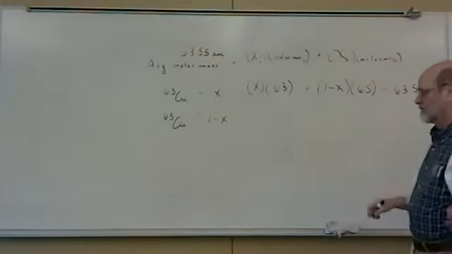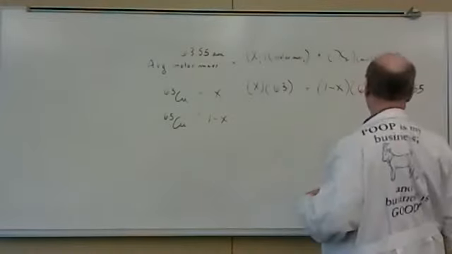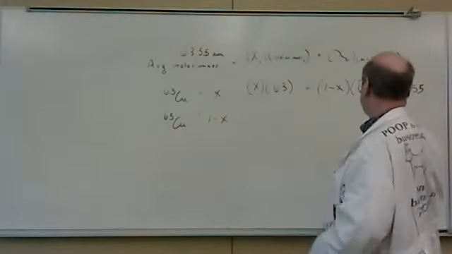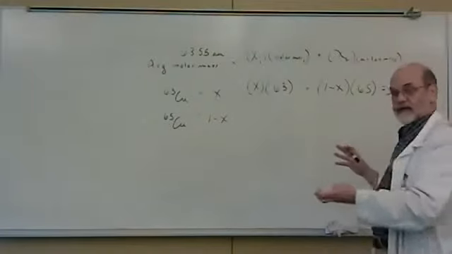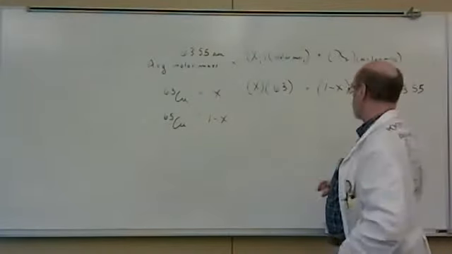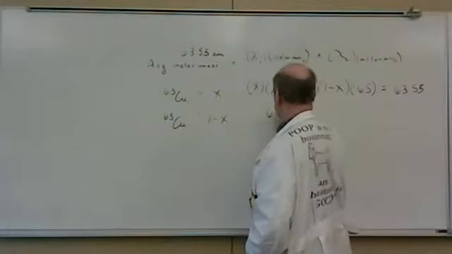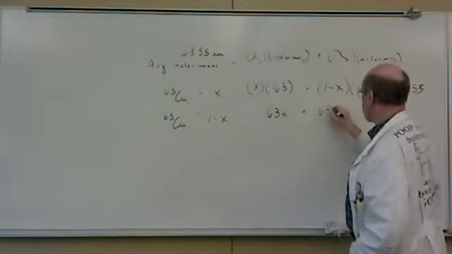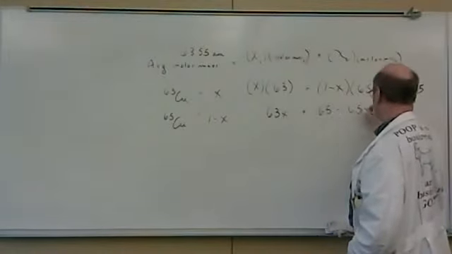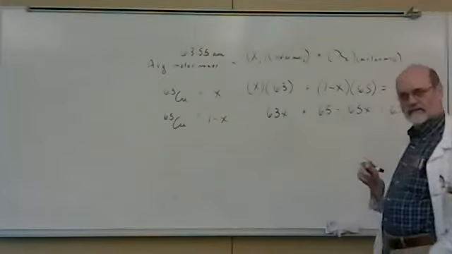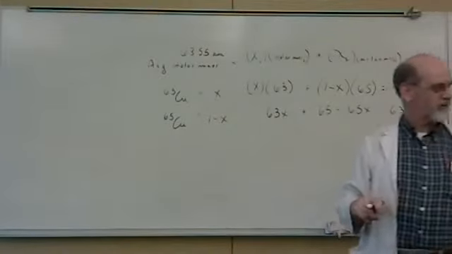That's just qualitative analysis. Okay, so now all you have to do is solve for X, and that'll give you the fraction of 63. So we have 63X here, and then 65 here, minus 65X equals this. Just doing a little algebra.